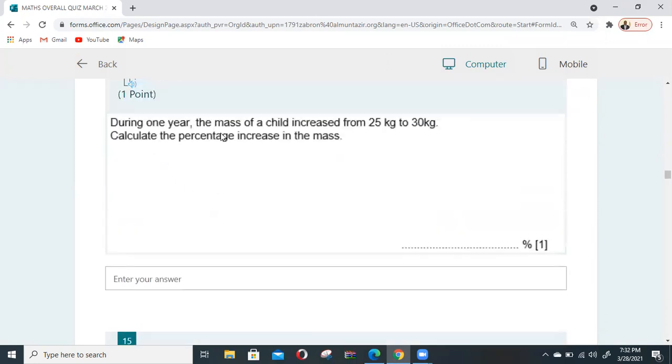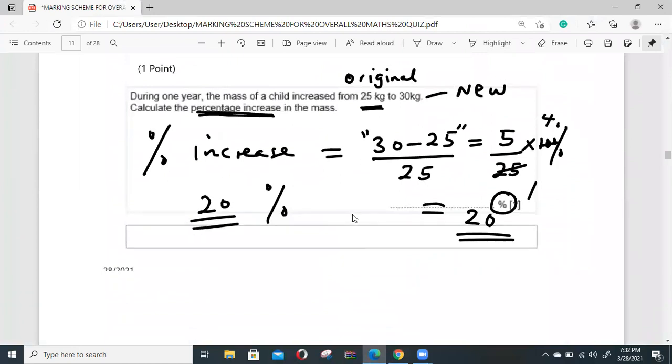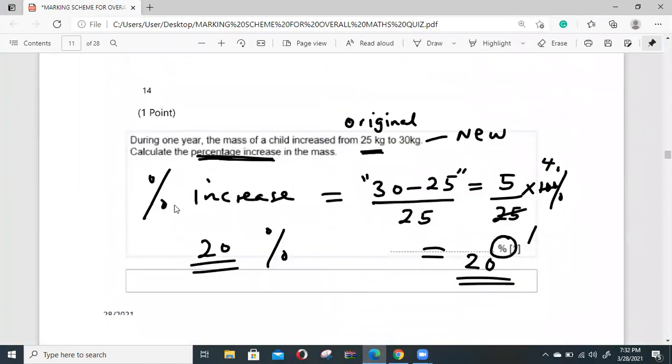Right, so during 1 year, the mass of a child increased from 25 kilogram to 30 kilogram. Find the percentage increase in the mass. Okay, so I did the question here. So this is the marking scheme. Percentage increase equals to 30 minus 25. You get 5. And then you need to divide by the original amount, which is 25.